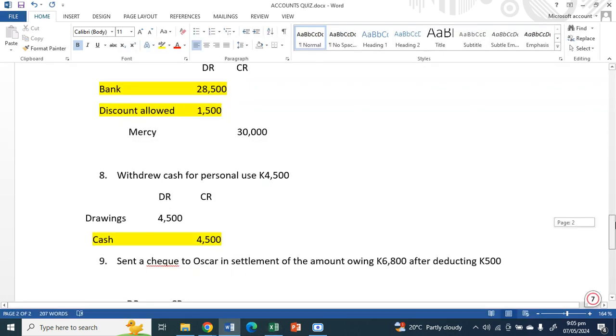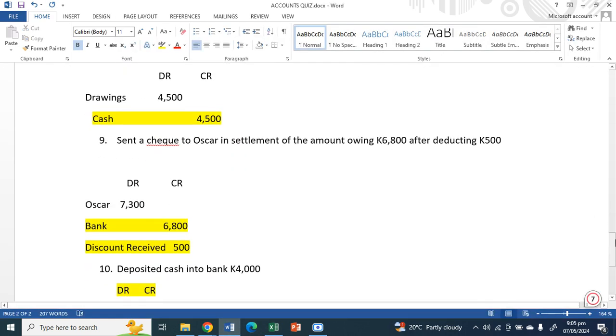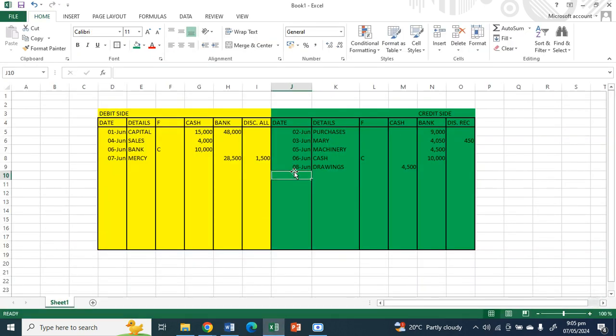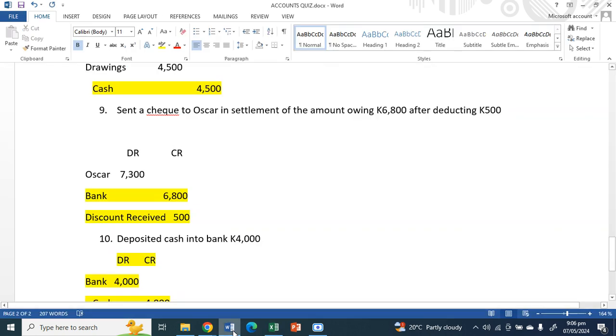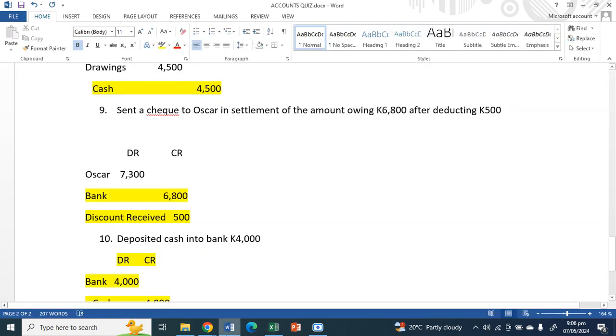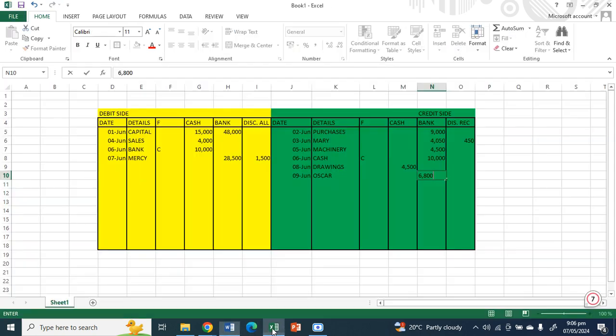All right, then on the 9th of June, crediting bank 6,800. Sorry, so bank we credited 6,800. Discount received 500.